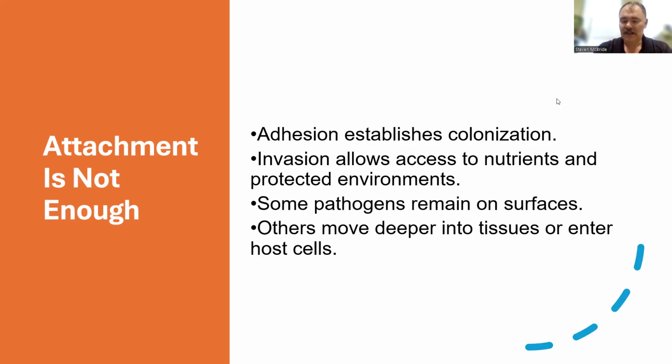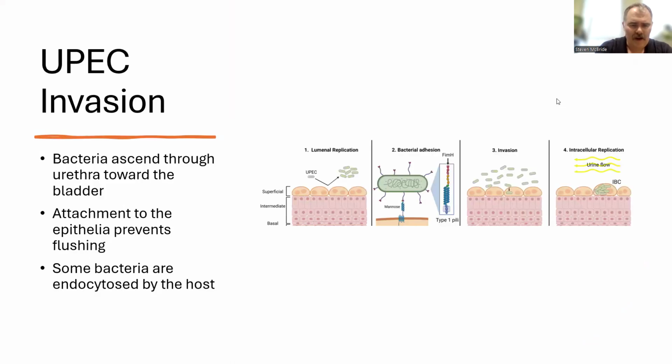By invading the host tissues or entering host cells, pathogens can gain access to nutrients, as we mentioned earlier, and some can remain attached long enough that they will produce toxins that can cause damage to the host cells. And so let's go through a couple of examples of how these deeper invasions occur.